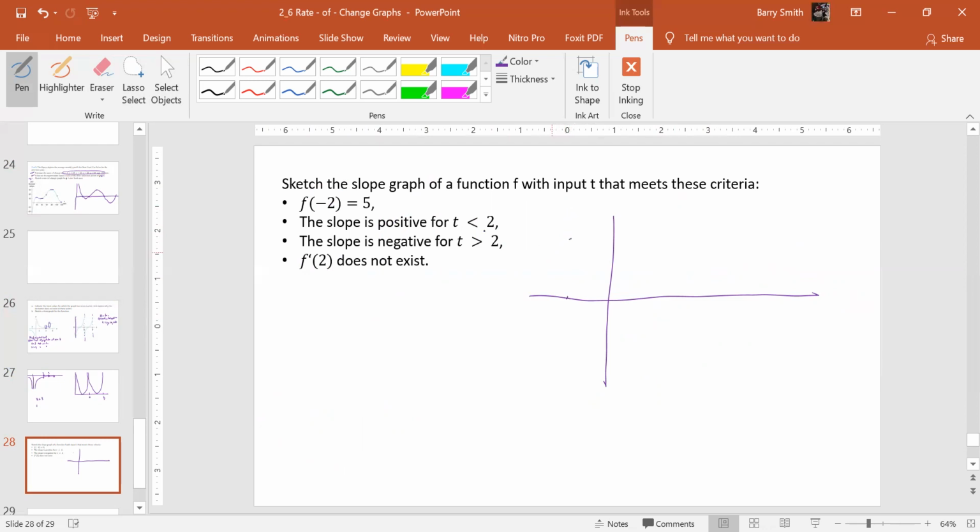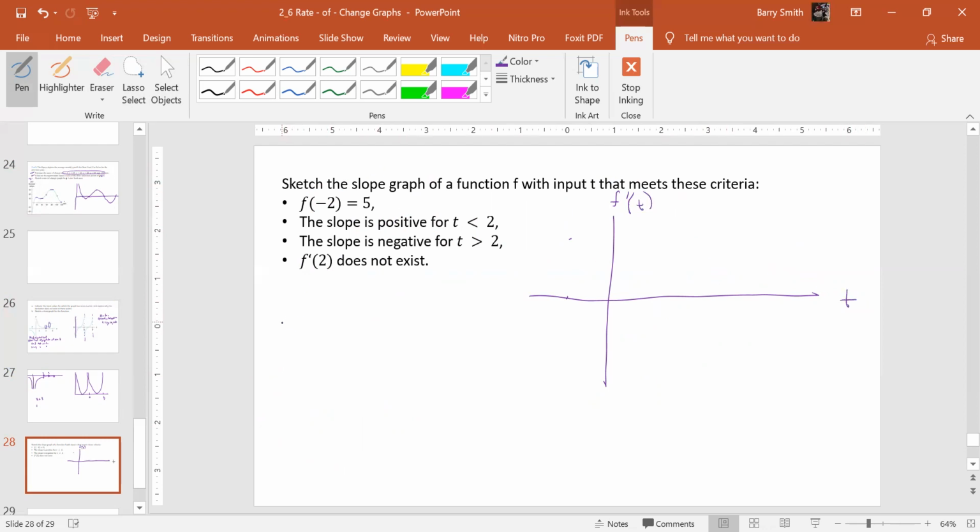Okay. Our f2 is, so we need f prime of negative 2. So, okay, so yeah, we have to think about how that works. So this is going to be our f prime of t. Okay. And so this is our t.